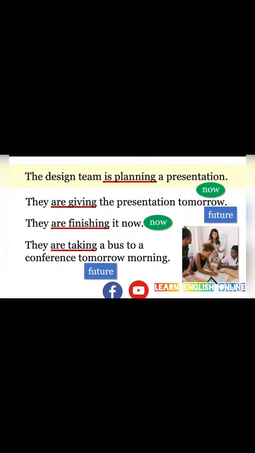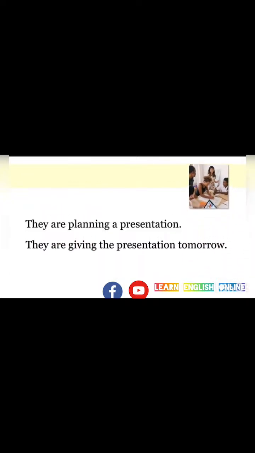Let's take a closer look. Both of these sentences are in the present progressive, are planning and are giving. But the first sentence, they are planning a presentation, that is happening now. I know this because, well, first I have a picture and I can see they are planning a presentation now.